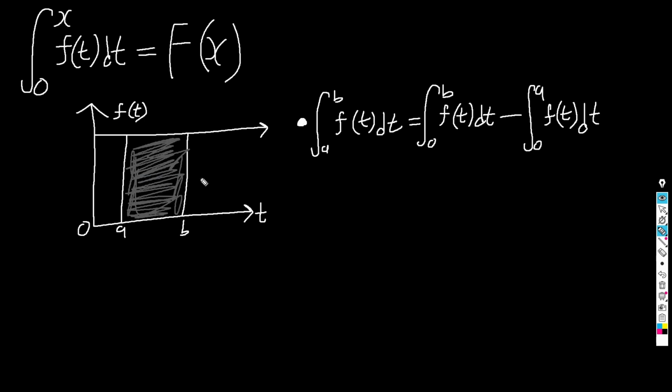Now, the last piece of information that we need is, let's say we wanted to find the area from a to b under f of t. We could find that from first taking the area from 0 to b and then subtracting the area from 0 to a of that. You can see that here.